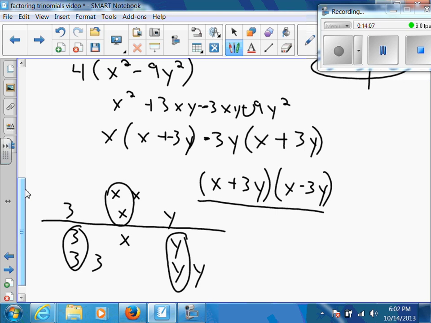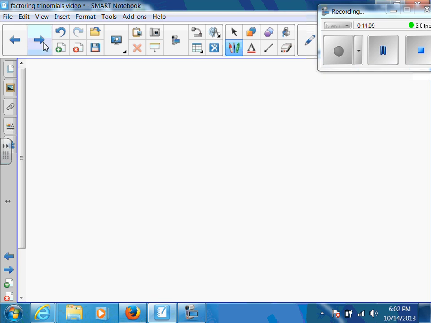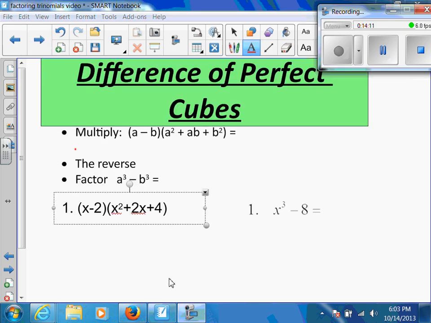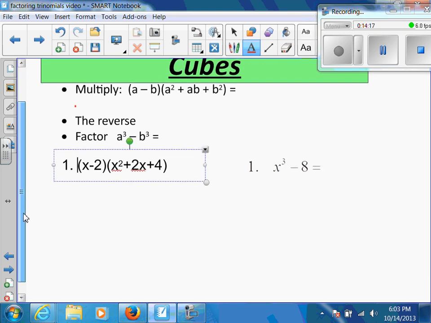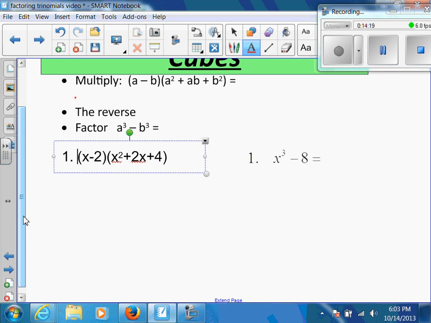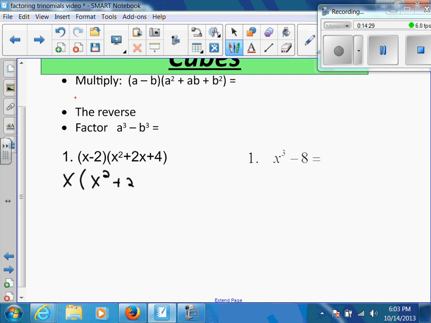Okay, next we're going to move on to difference of perfect cubes. So let's first start off by distributing this problem. I have x squared plus 2x plus 4. Then we have negative 2 times x squared plus 2x plus 4.